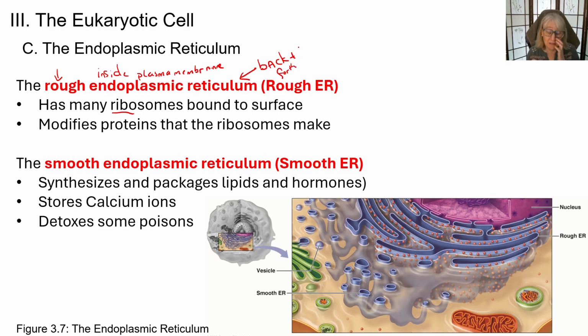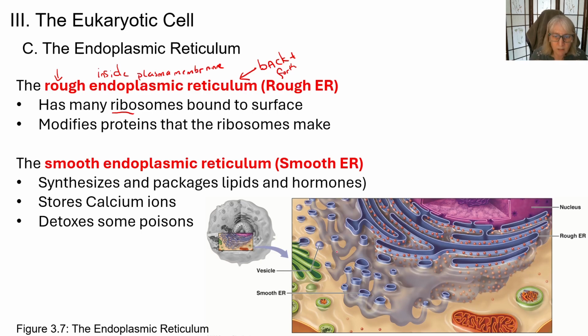So this organelle is called the bumpy inside the cell back and forth thing. The rough endoplasmic reticulum is involved in protein synthesis. The ribosomes make the proteins, and then the endoplasmic reticulum modifies those proteins. It folds them into their final form so that they have the right shape to do their final function.